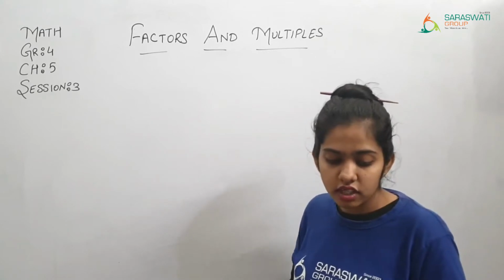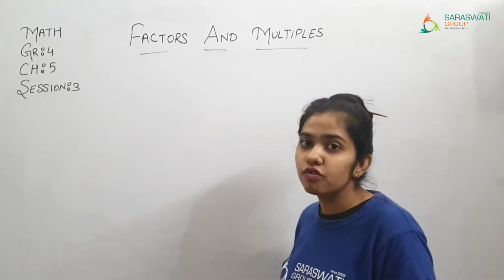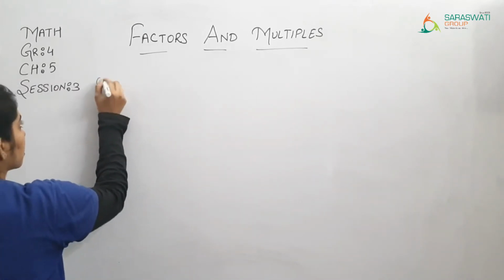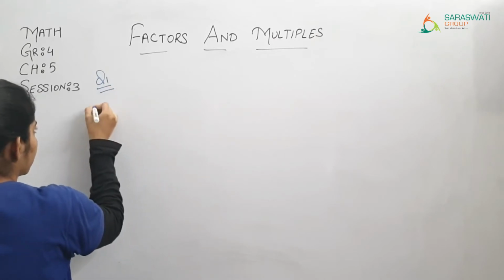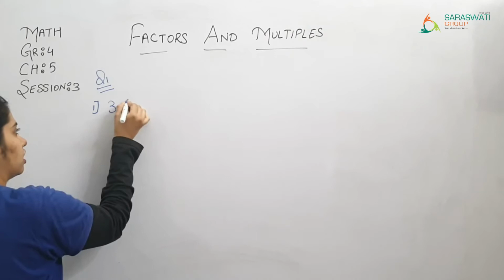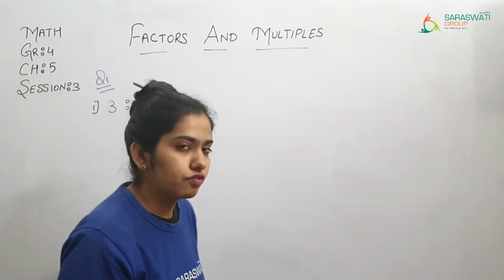In that, find the first 8 multiples of the following. So you are supposed to find out the first 8 multiples. Question 1, in that first one is 3. So you are supposed to find out the 8 multiples of 3.